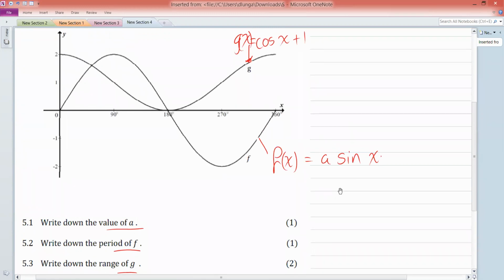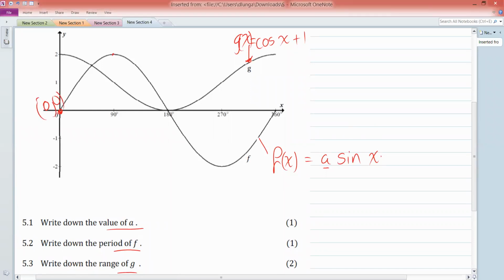So, value of a. What did we say we do to work out what that a value is? We said, let's look at what values we have for this sine x. We've got this first value, which is 0 and 0.